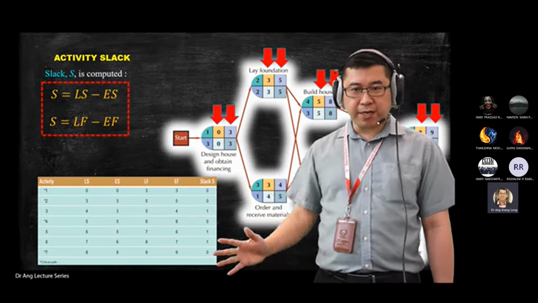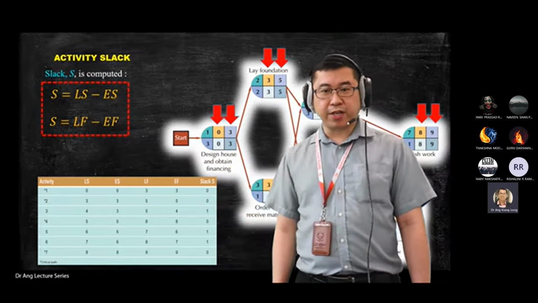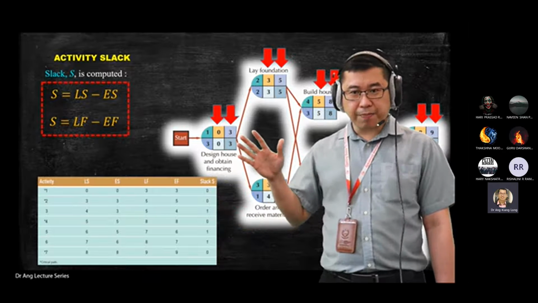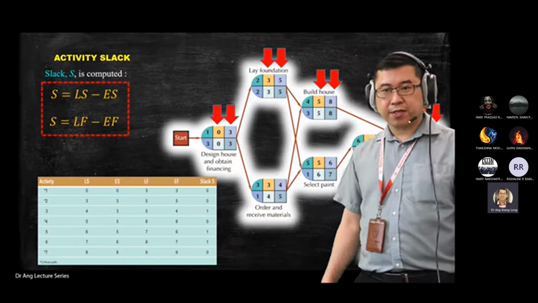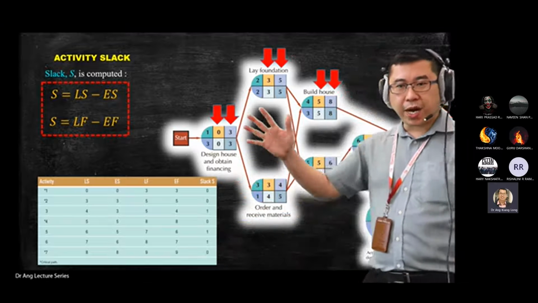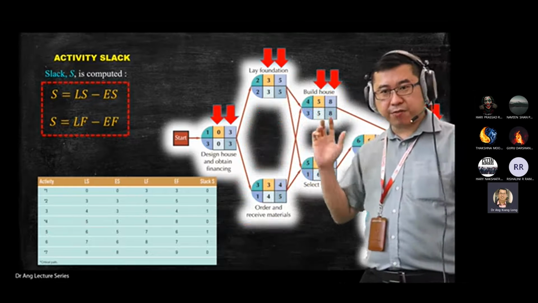So on the slack table here, if you see 0, it means they are critical path. This is another quantitative method that we use to find which one is critical path. The one I highlight with the red arrow here is by observation.